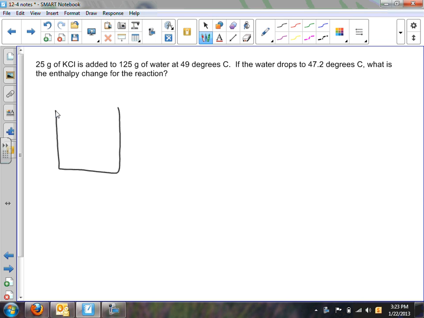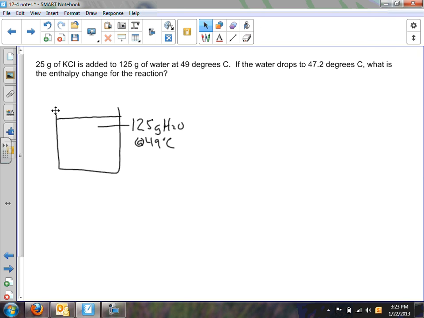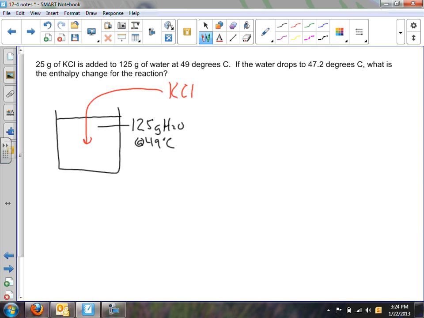Here's my calorimeter, and that calorimeter is full of 125 grams of water, and the water is at 49 degrees Celsius. And then to that water, I am adding potassium chloride, which is a solid.